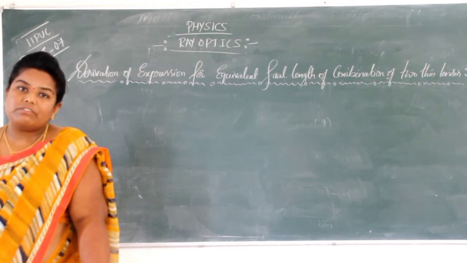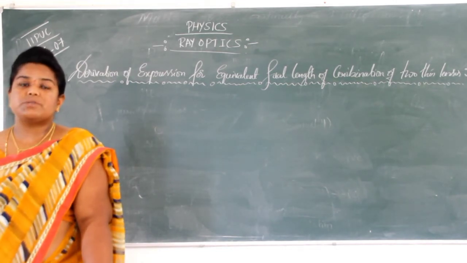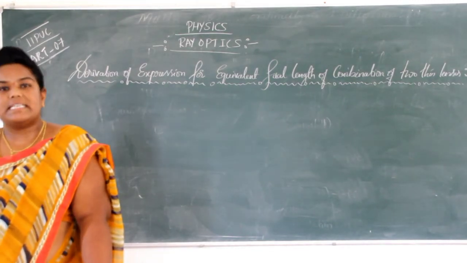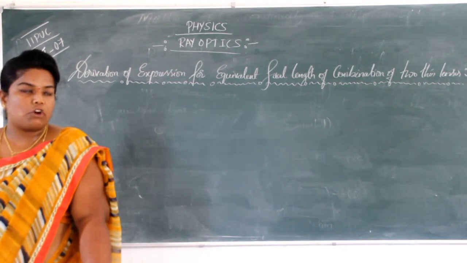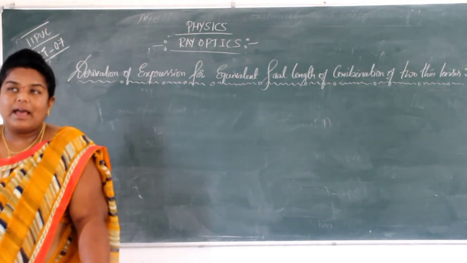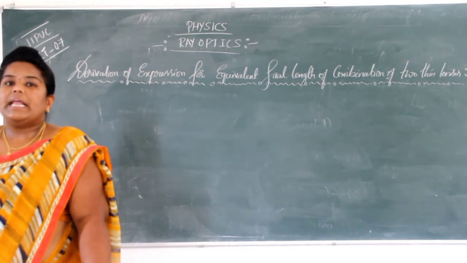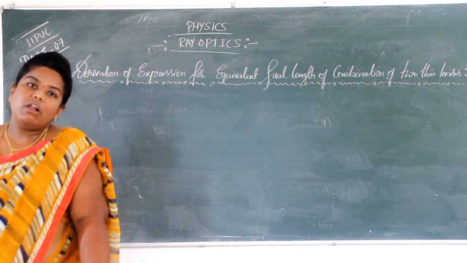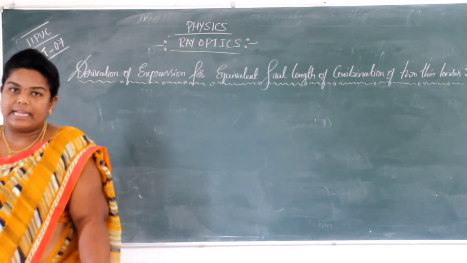So there may be some distortions present in the image formed on the screen. To rectify all these things, we move towards combinations of lenses, especially in the telescope, camera and microscope.